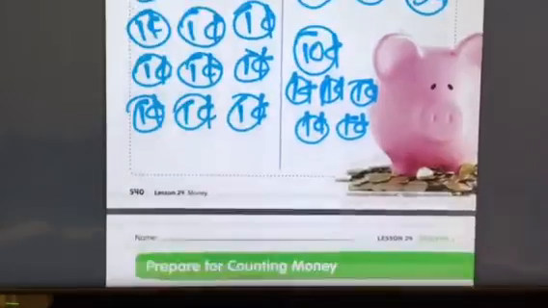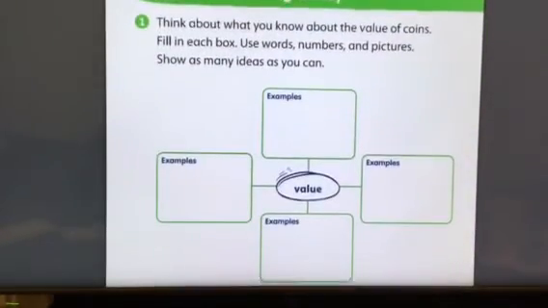All right, now going over to the green page. This is to help you prepare for counting money to understand what the word value means. Think about what you know about the value of coins. Fill in each box. Use words, numbers, and pictures.